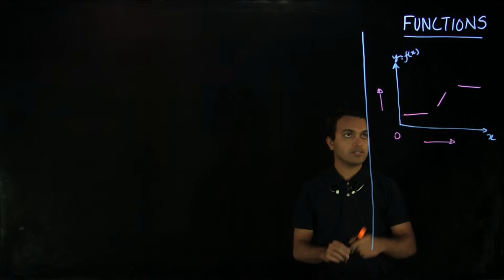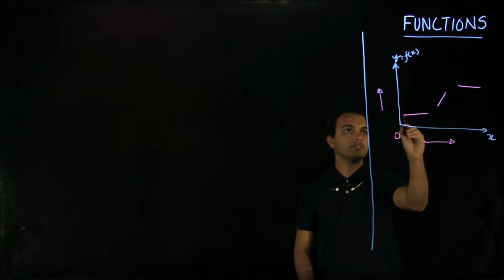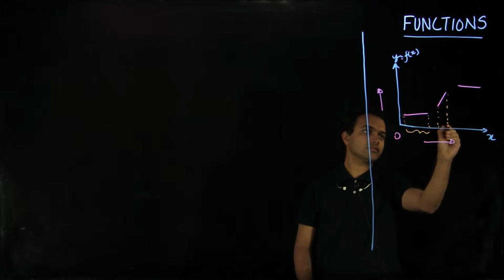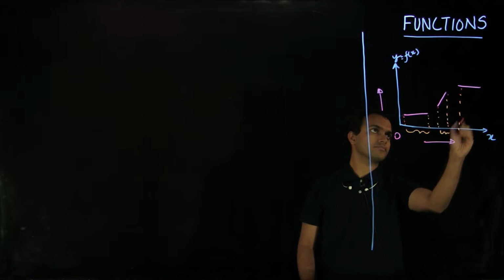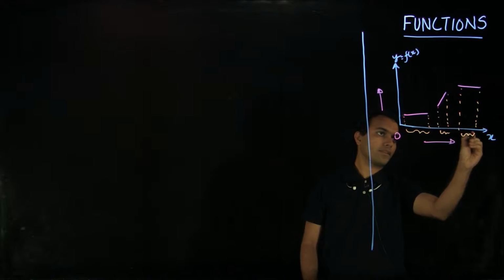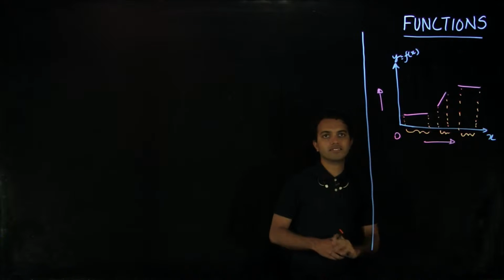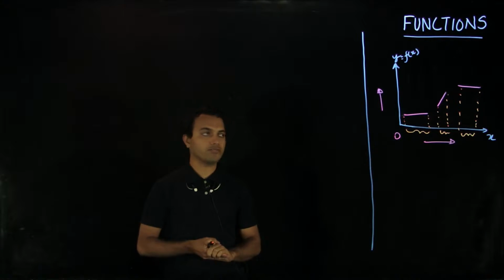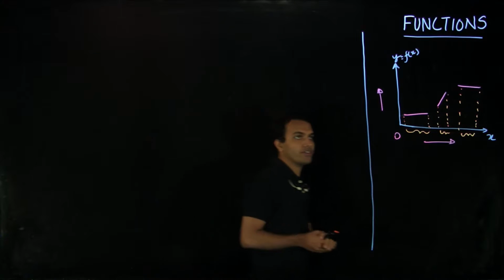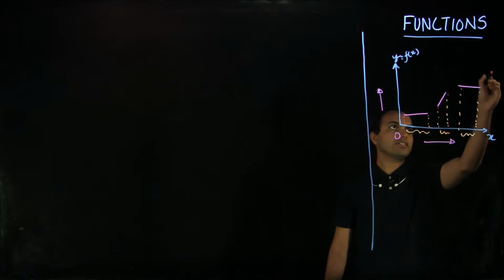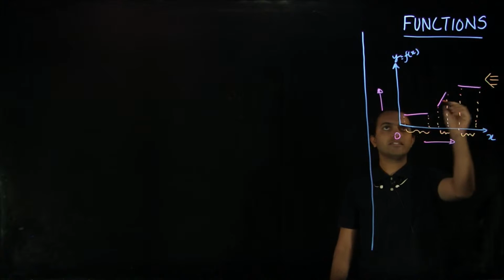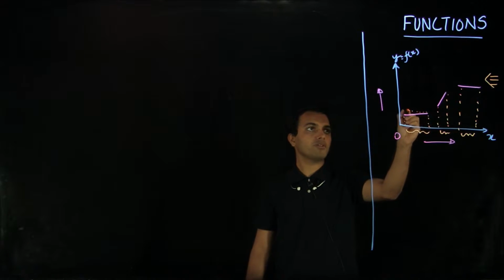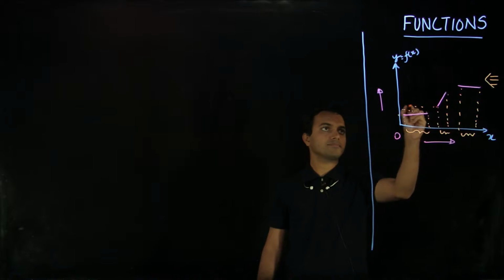So if I see it from the top, all these points are hidden. All the points on the x-axis which are hidden are the points which lie in the domain of the function. And similarly, if you want to find out the range, look at it from this direction and see all the points on the y-axis which are hidden or which are covered, and they will form the range of the function.